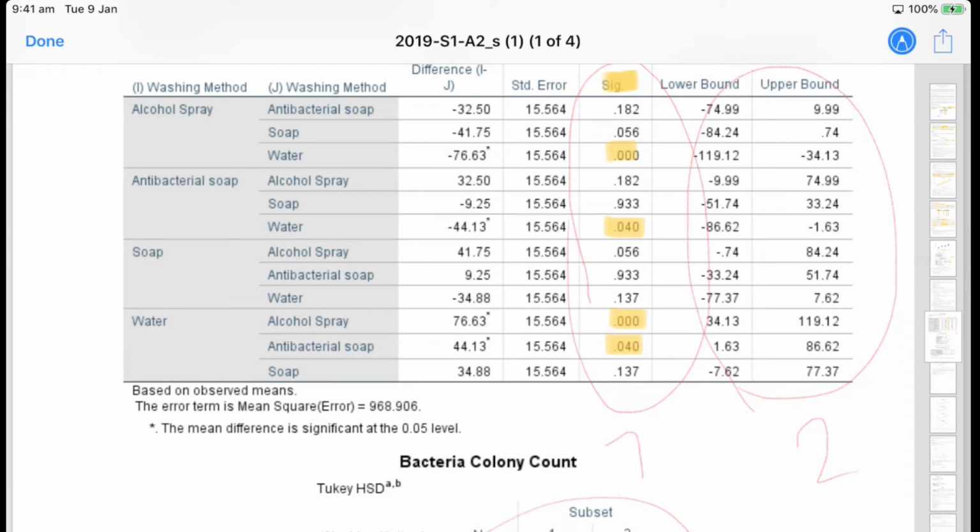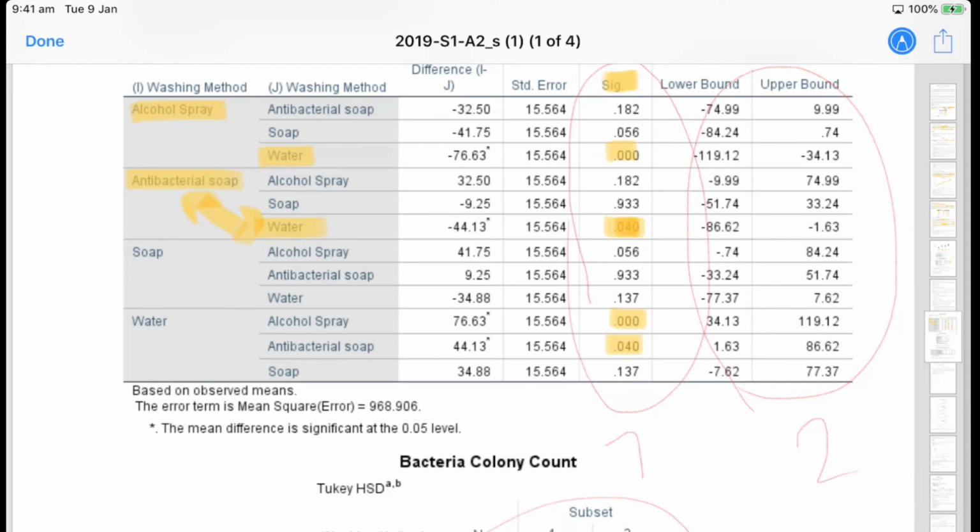Let's look at this. This p-value corresponds to the comparison of water and alcohol spray. That means there is a difference between the means of these two groups. This p-value in here corresponds to water and antibacterial soap, and that means there is a difference between these two.